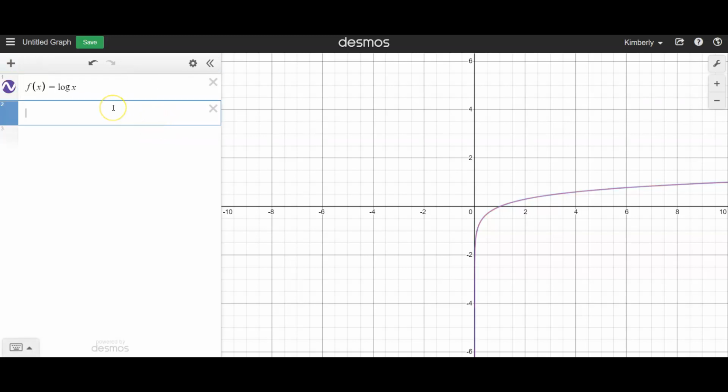Okay, and then we're going to get our transform function. And that's log of x plus 3. There's your parentheses minus 5.